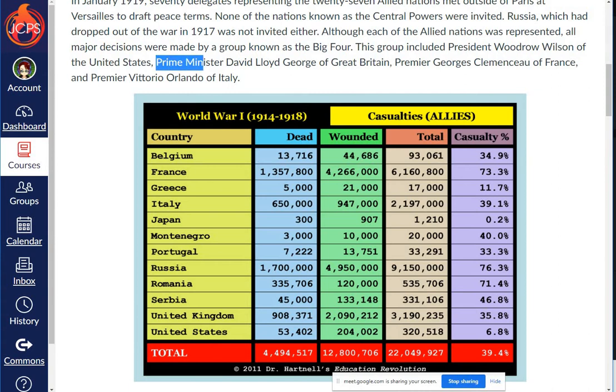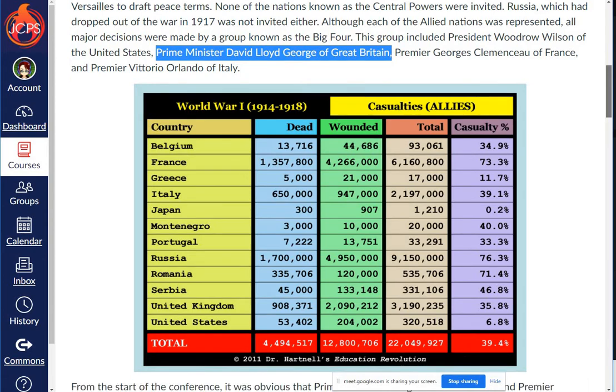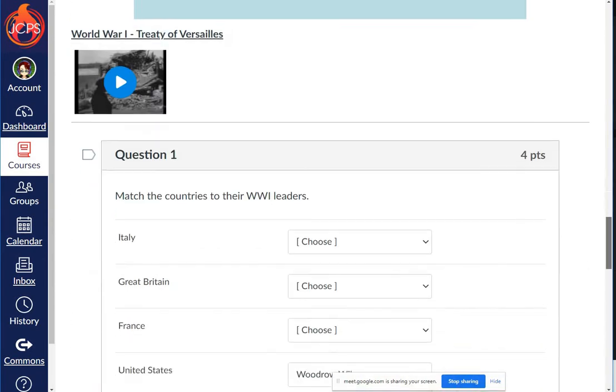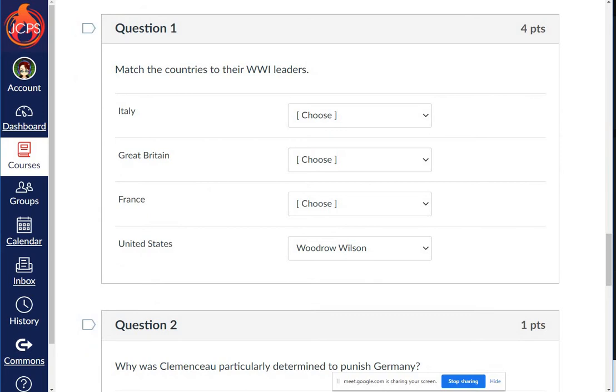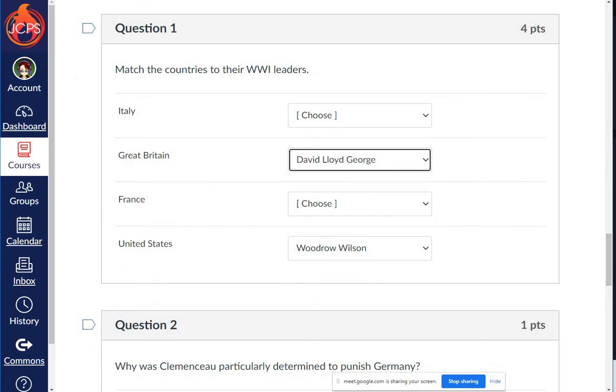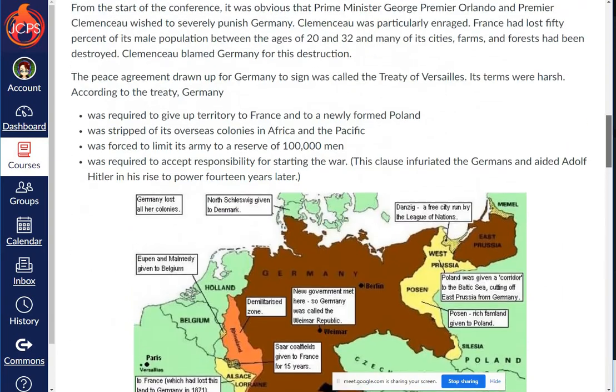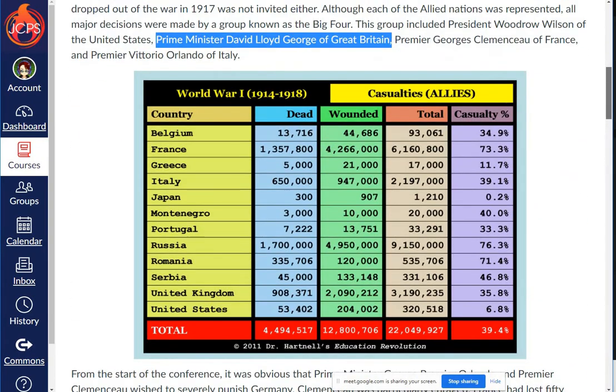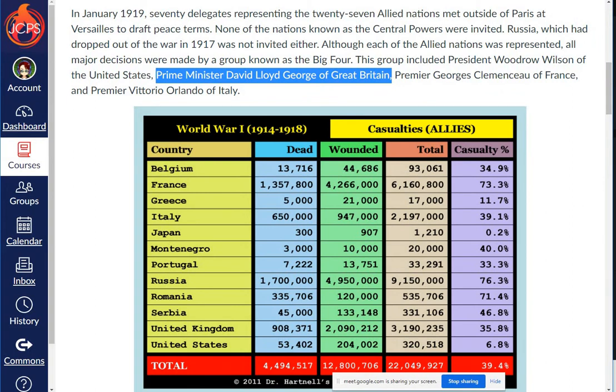Prime Minister David Lloyd George of Great Britain. Premier Georges Clemenceau of France.